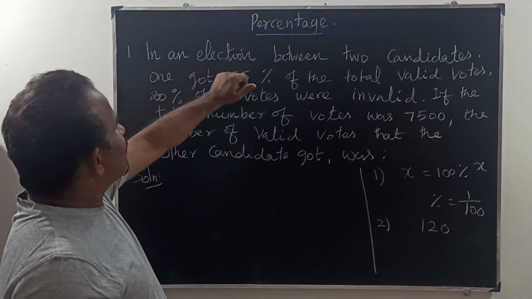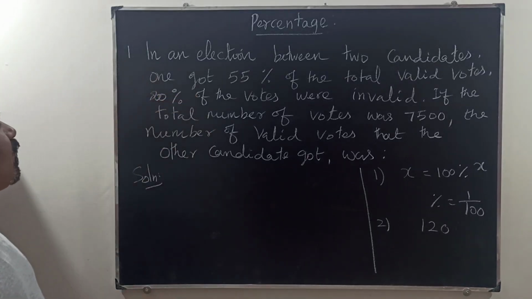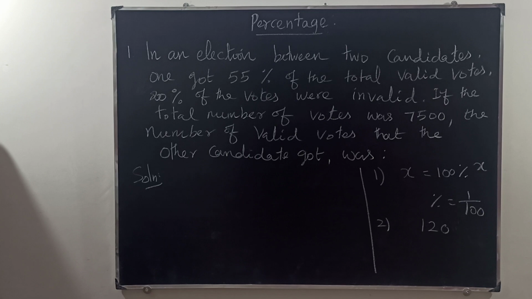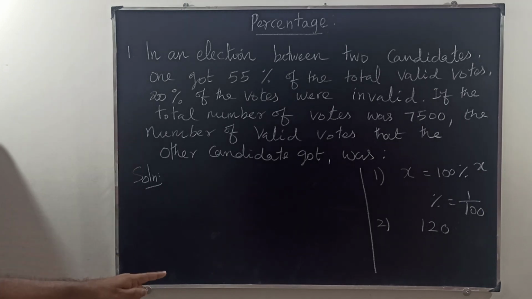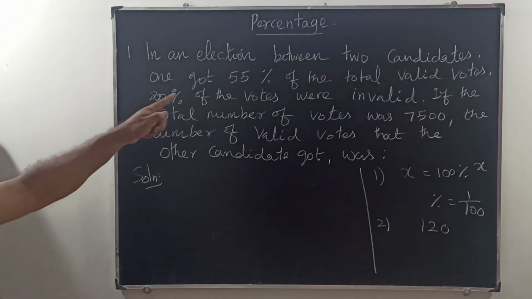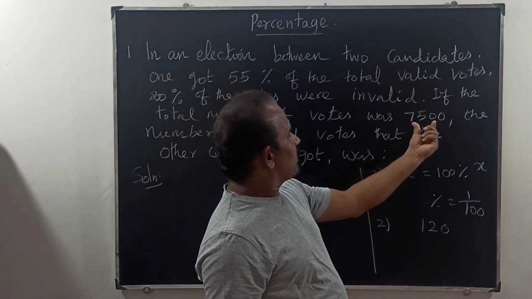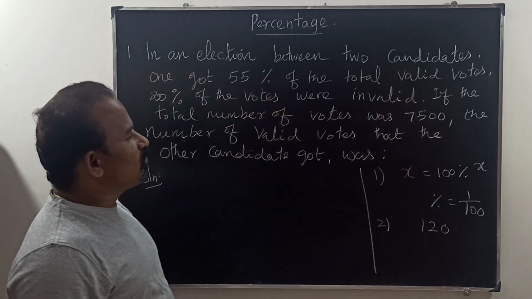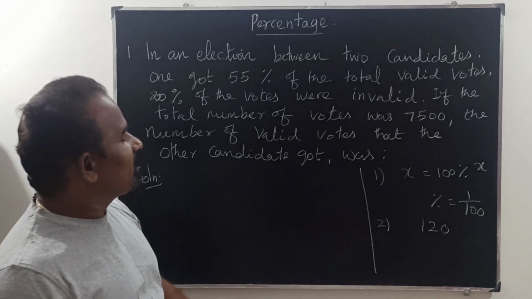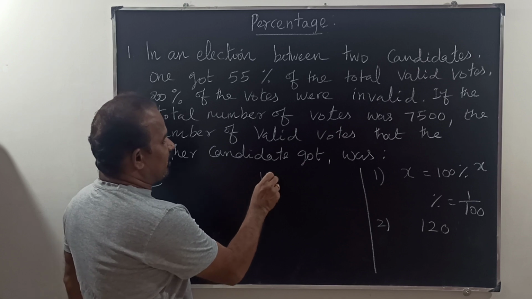Now, in an election between two candidates, one got 55% of the total valid votes. 20% of the votes were invalid. If the total number of votes was 7,500, the number of valid votes that the other candidate got was? Here the total number of votes was 7,500. So I am going to take the total number of votes as 100.